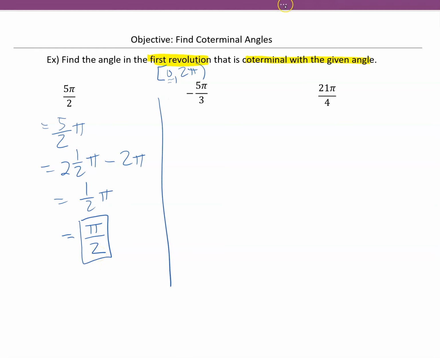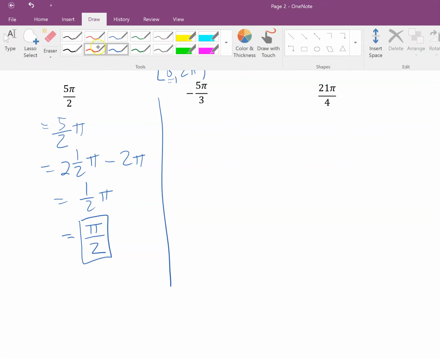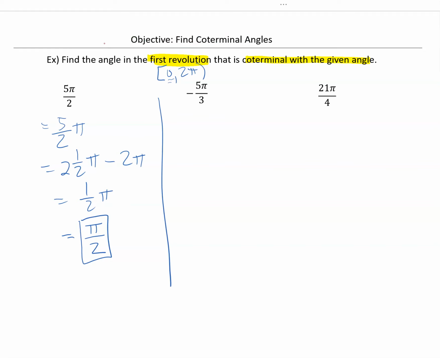In the next problem, here we are looking at negative 5 pi thirds. So that would be negative 5 thirds pi, and negative 5 thirds is an improper fraction, and that would be the mixed number negative 1 and 2 thirds. When we have a negative number and we want to find the angle that's coterminal, we have to get it into that first revolution, which is positive, so we have to add full revolutions of 2 pi radians.